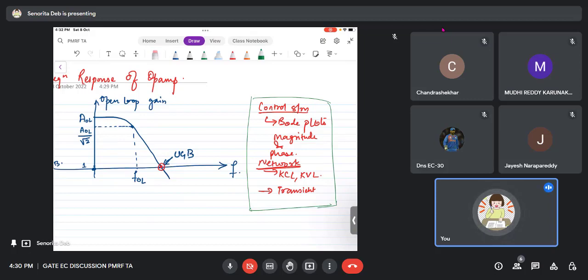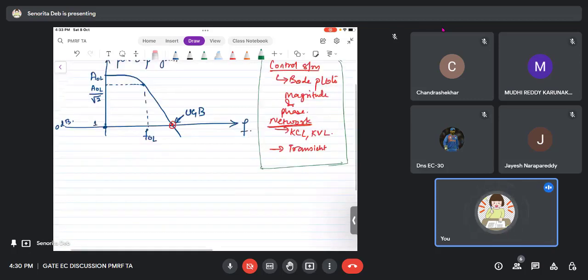So capacitances will come, and this is the effect you are seeing right now, a decrease in the gain with respect to frequency. FOL that you see is also called the cutoff frequency or 3 dB frequency. It is also called corner frequency, break frequency, and dominant pole frequency. Dominant pole is a term that you might come across again.